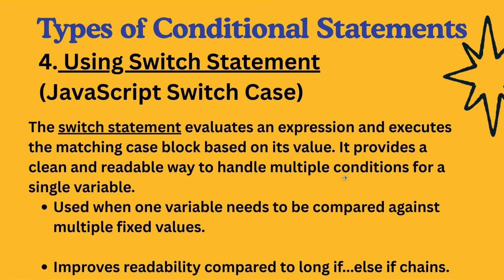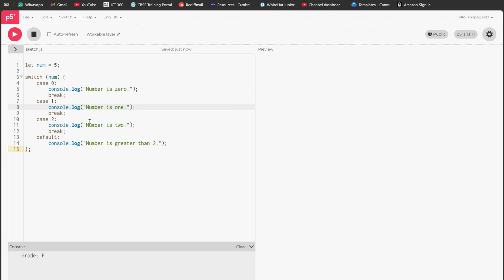Let's understand the use of the switch statement in JavaScript with an example. In this example, first we have taken a variable num which is initialized with some value. As I mentioned, whenever we are using the switch statement, it first takes up the variable which we want to check against each of the cases.